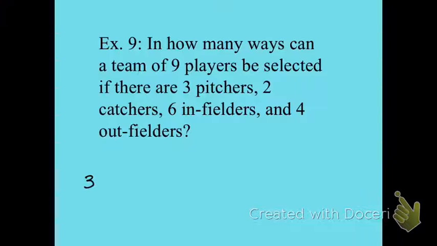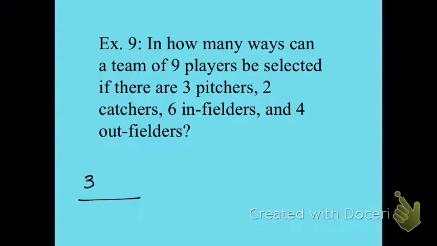Out of the 3 pitchers, how many pitchers am I choosing? 1. And then is this a combination or permutation? I need 1 catcher. If it's 1, isn't it always a combination? It's a combination, because when I'm choosing the outfielders, I'm choosing 3 of them, but they all have the same equal job. They're all considered outfielders. So you're going to treat each position as a different combination.